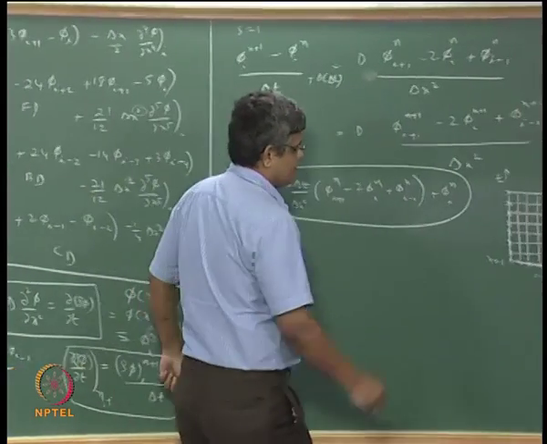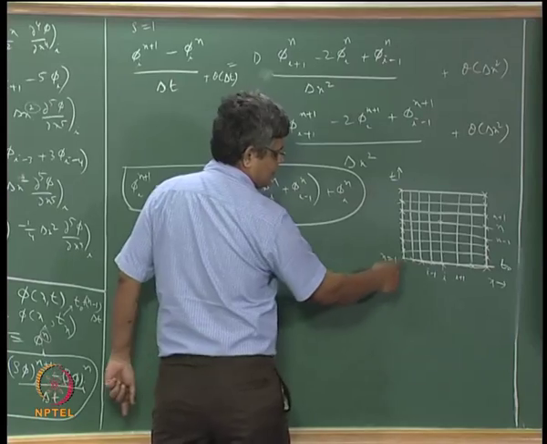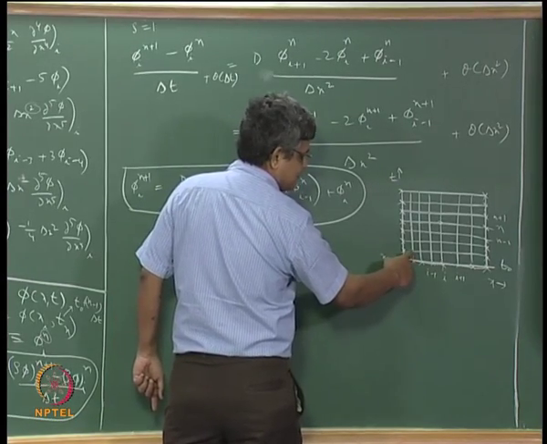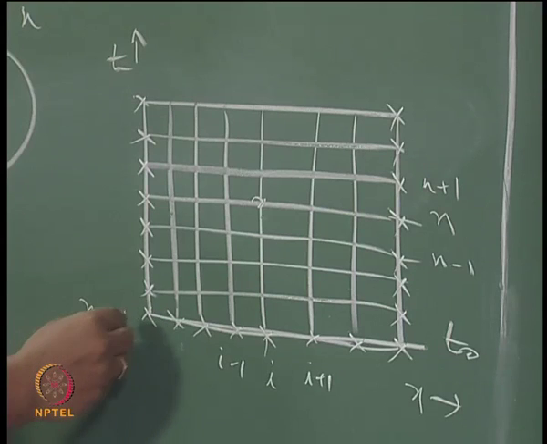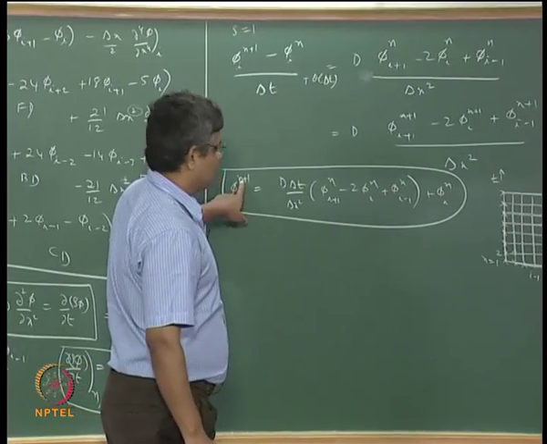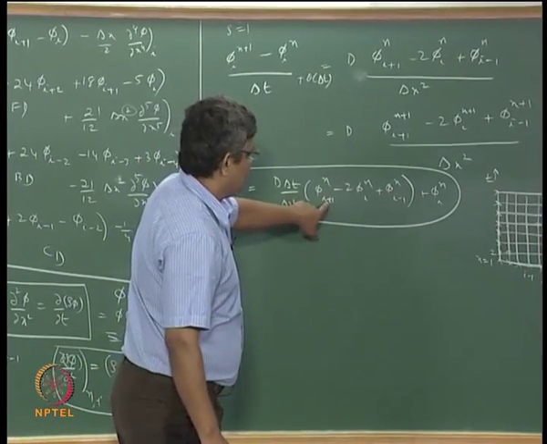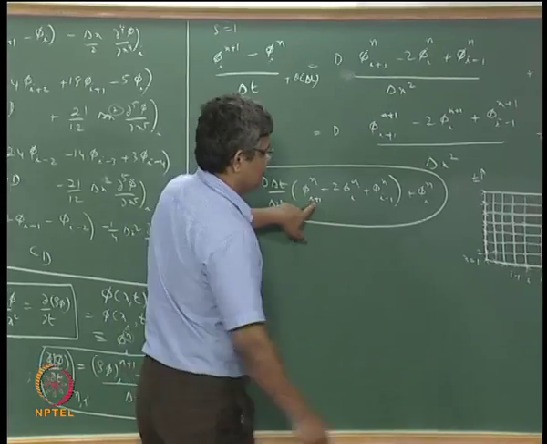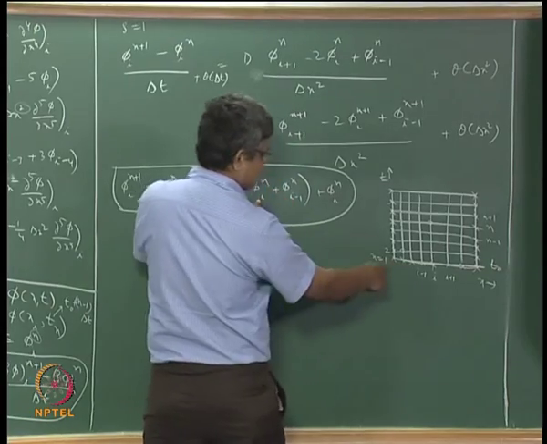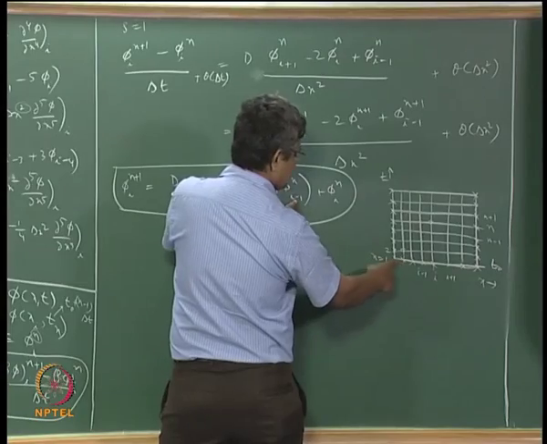Okay, so that means that since we know all these values, now we can make use of this template and apply it to find the value here, because this is at n plus 1. So if this is n equal to 1, this is n equal to 2, and this value will be I equal to 1 and I equal to 2. So this can be computed as I equal to 2, n equal to 2 as I plus 1, so that is 3 value, this is known, I value at nth time step, this is known, and I minus 1, this is known.